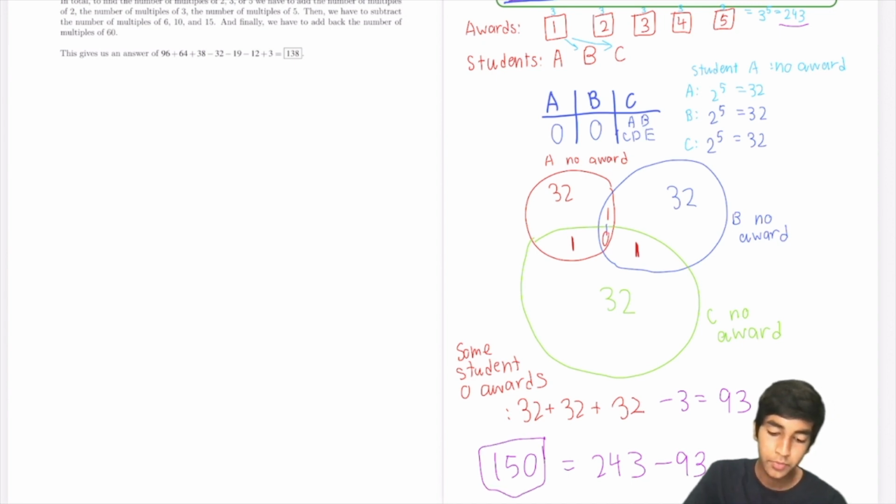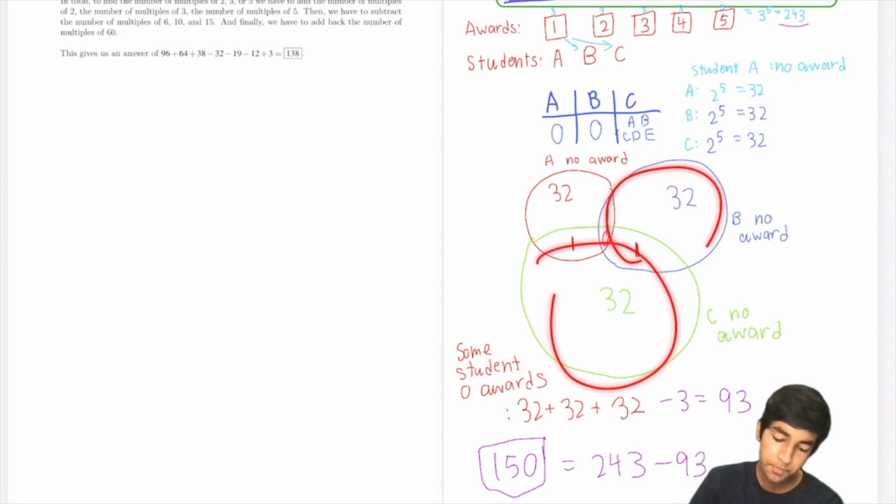So just to review, essentially what we did is we found the total number of ways to divide these 5 distinct awards amongst the 3 students, 243 ways. And then we did complementary counting. We looked at all the ways where a student has no award. We found that student A has no award 32 ways, B no award 32, C no award 32.